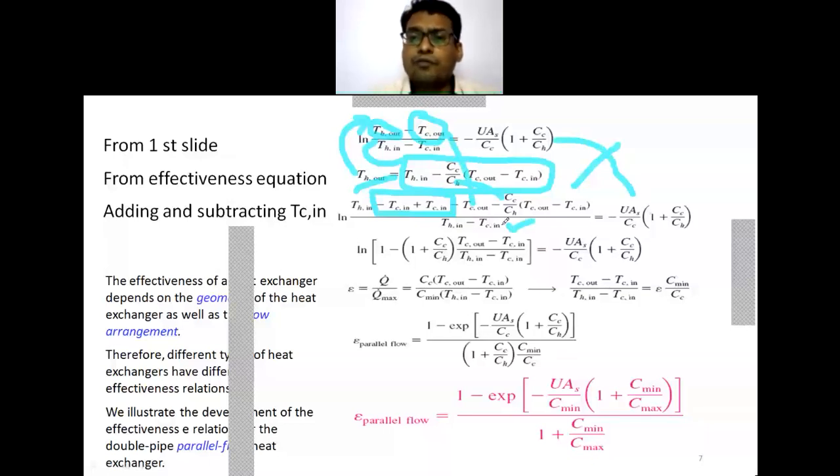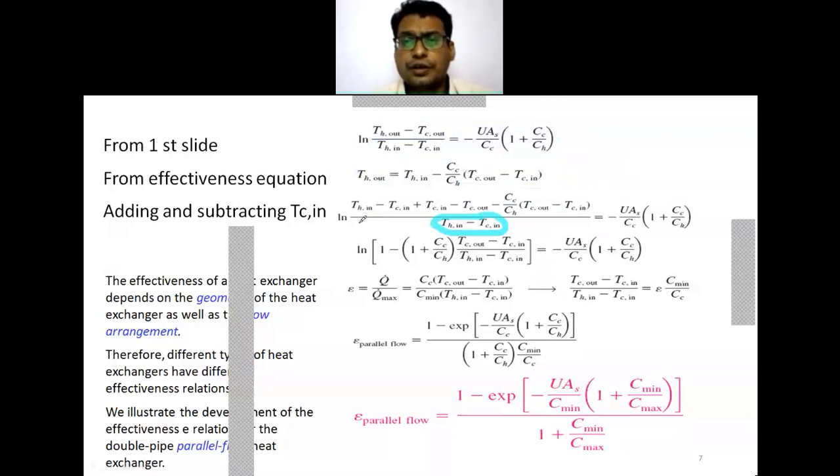Now I will write this term, Th in minus Tc in, below these two terms, that is Th in minus Tc in. So this will get cancelled, and it is this one that will come into the picture. The next is Tc in minus Tc out, and here also Tc out minus Tc in.